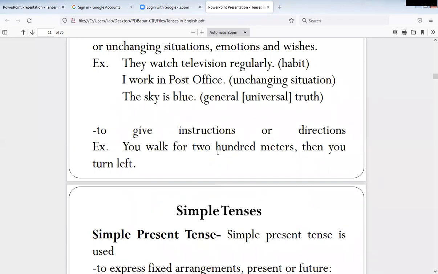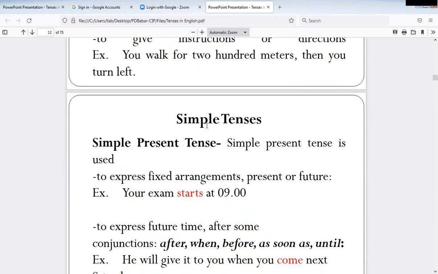If you are a chemistry student in the chemistry lab, or in the mechanical lab, he will tell you to switch off the light, or switch on the light, and start the machine. These are the instructions that the instructor will give you in the simple present tense. So these are the uses of the simple present tense.